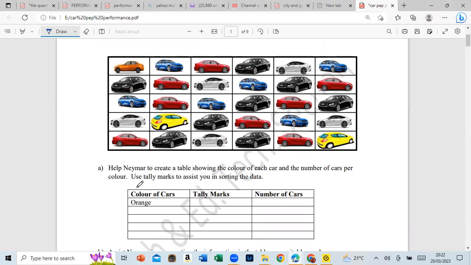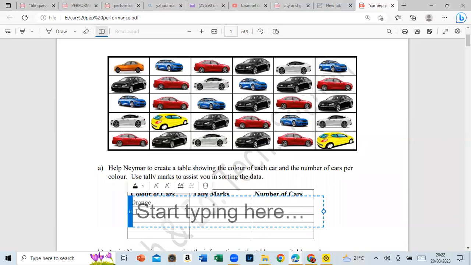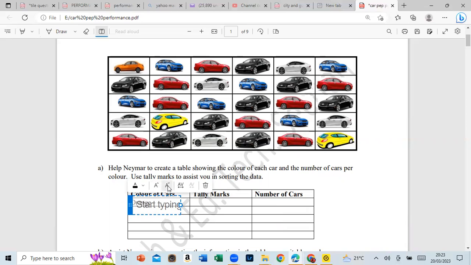So let's start off with orange. Let us get the colors in first. I'm going to start off with black. Everybody knows black. Should I just write it here, guys? Let me bring it closer.